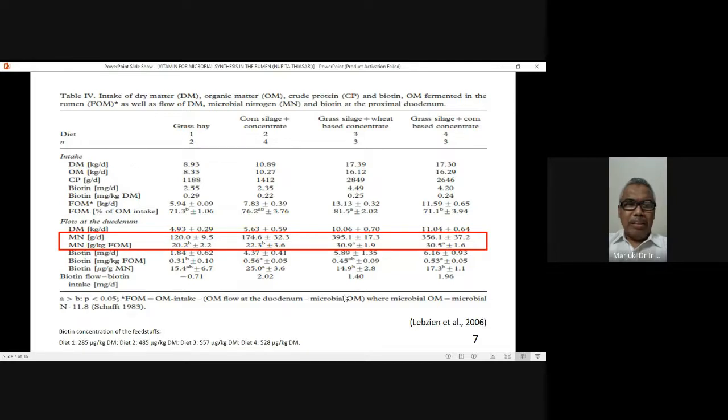I think this explains why the microbial nitrogen in feed 3 and 4 is higher than feed 1 and 2.